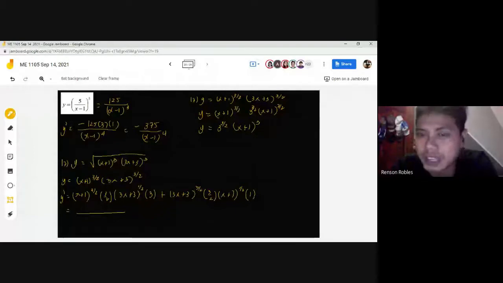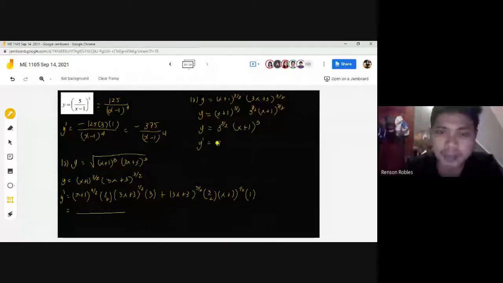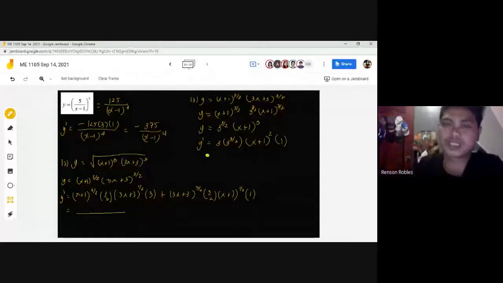And then you can now differentiate. Y prime, 3 times 3 raised to 3 halves times x plus 1 square times derivative of x plus 1. And you're done. So, ilang 3 ang malalabas natin? This is 3 halves. This is 1. So, 3 raised to 5 halves x plus 1 square.